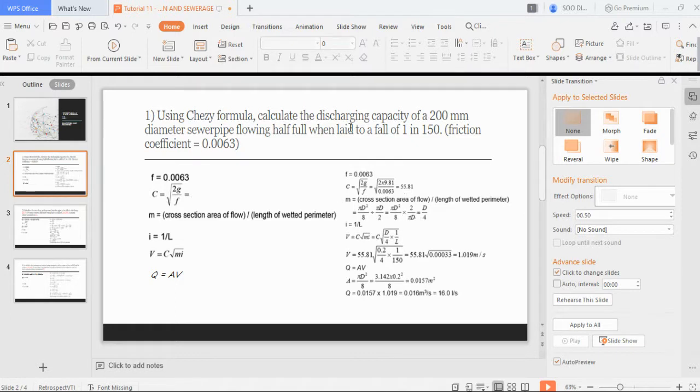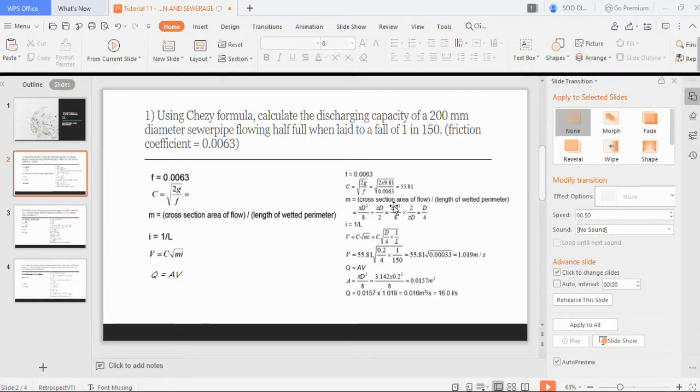When the pipe is half full, you have pi d squared over 8 divided by pi d over 2. Your length of wetted perimeter is pi d over 2 for half full, and the cross-section area of flow is pi d squared over 8. If you simplify it, you will get d over 4.